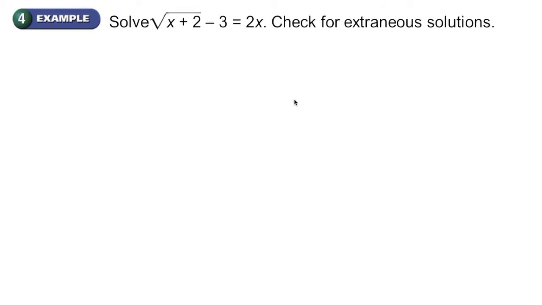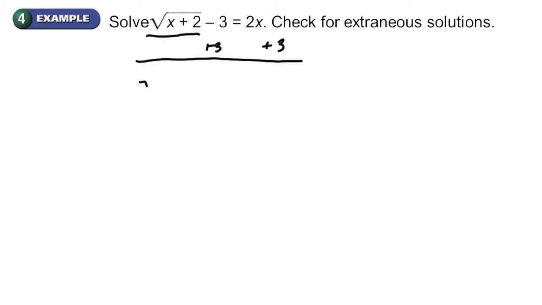Okay, so we've got the square root of x plus 2 minus 3 equals 2x. So we want to get this x plus 2 by itself, so we're going to add 3 to both sides. And remember, 2x and 3 are not like terms, therefore they cannot be combined into one single term.